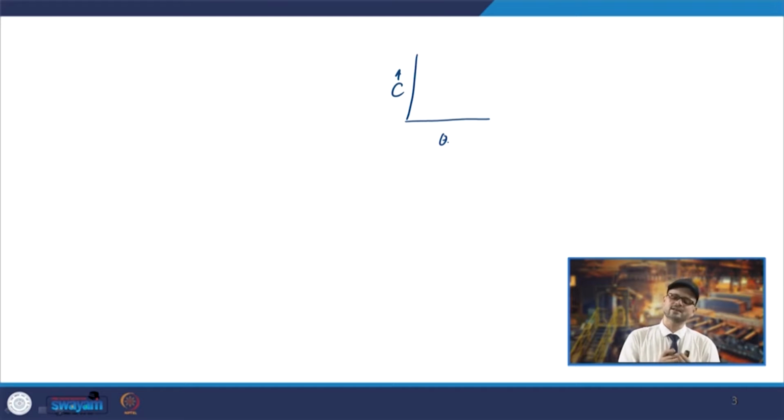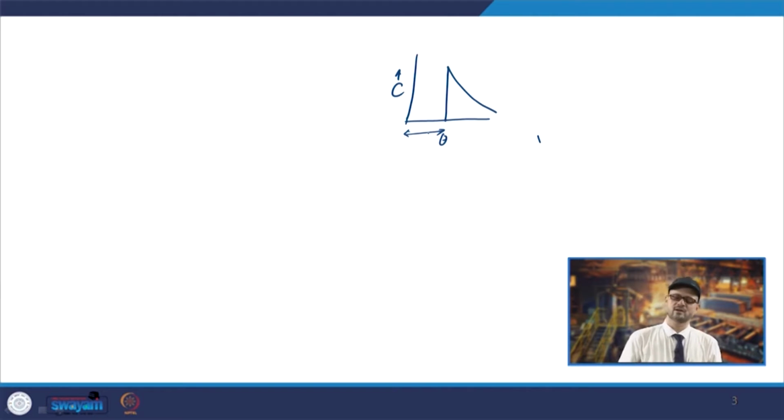If there is no mixing or dispersion taking place up to a certain time, and after that the mixing becomes effective, starting from here, then this region is representative of the plug region. Then this becomes the mixed region, the well mixed region. As you see, there is a straight jump and then it comes down here, so this becomes the well mixed zone and this becomes the plug zone.